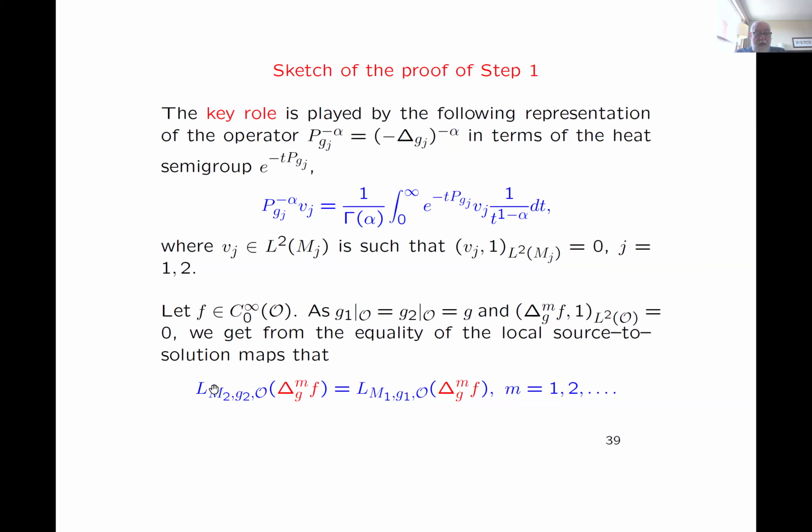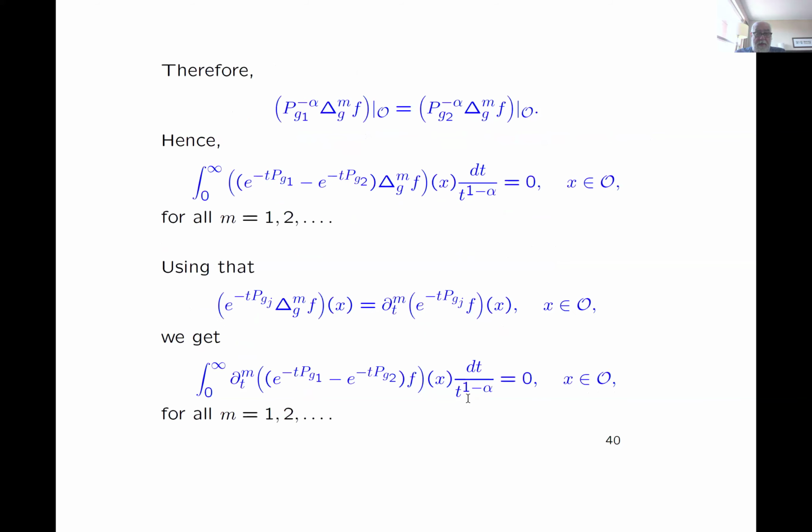And now, because the support is contained in O, you can apply the powers of the Laplacian, any power of the Laplacian here. This is true for any power because this is a local operator, though there are some technicalities, and then we get this identity.